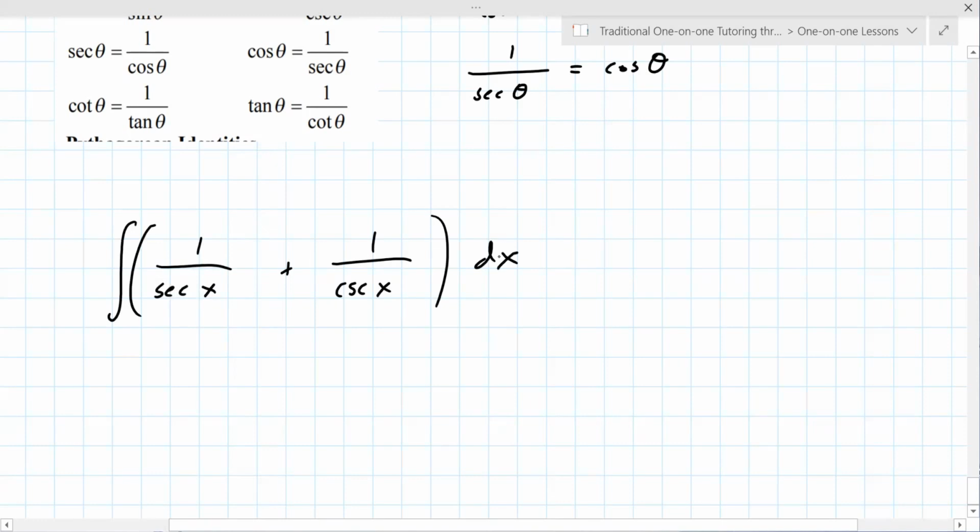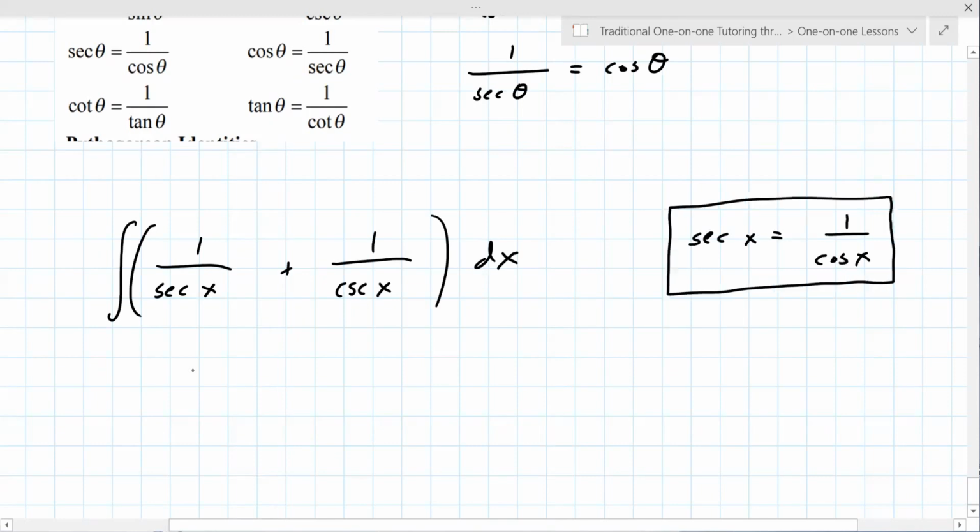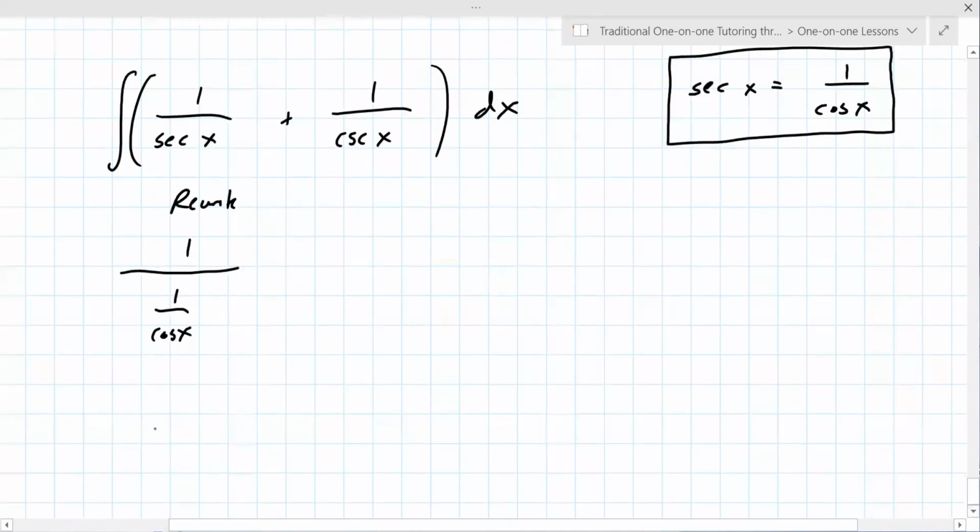It's totally reasonable for me to ask you this because secant x is really 1 over cosine x. This is your trig. So that rewrite step is 1 over cosine x. And what does that simplify to?